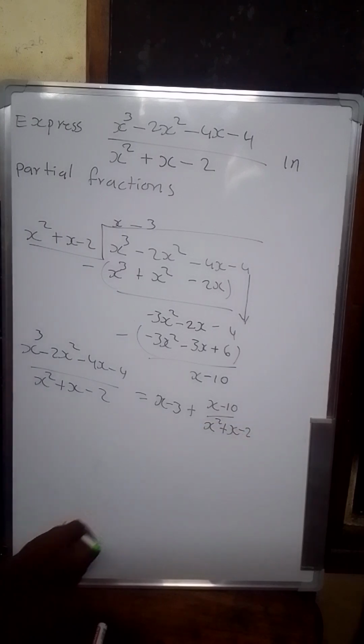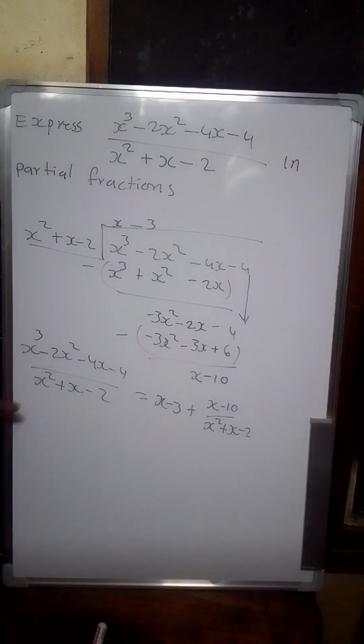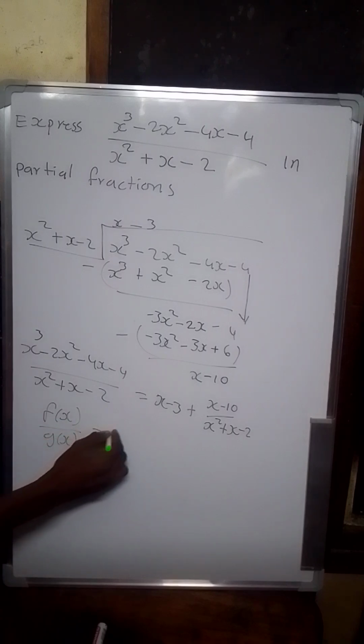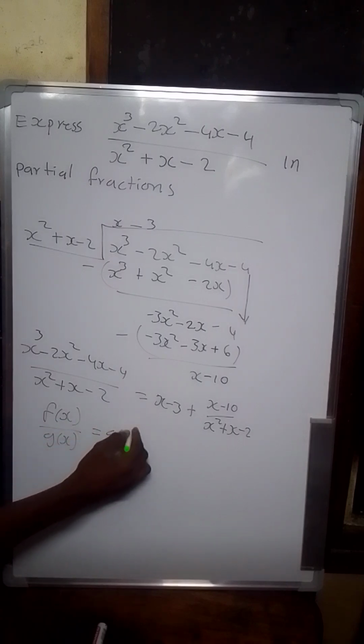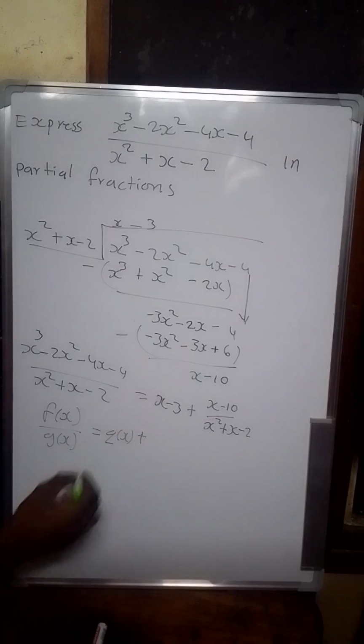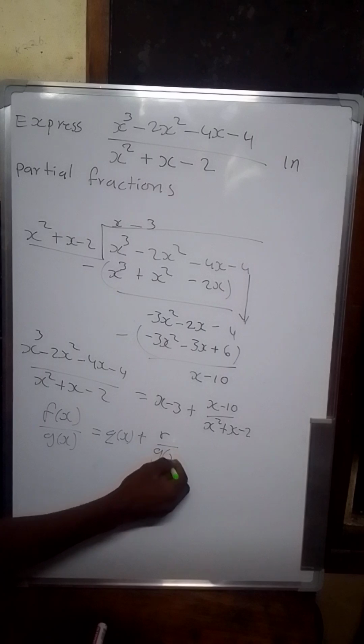We can clearly see that with this we have expressed this function in the form where we have f of x divided by g of x, which is equal to q of x plus r over g of x.